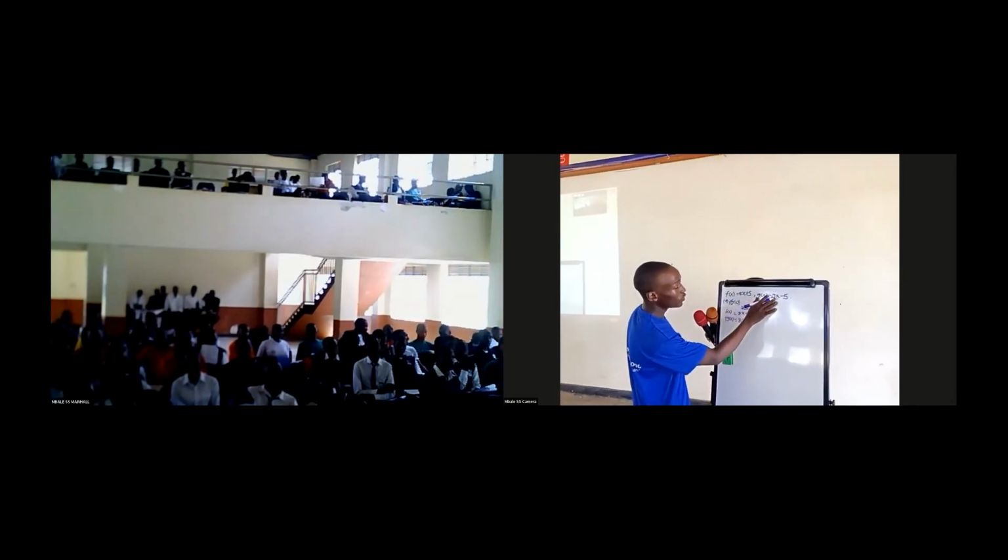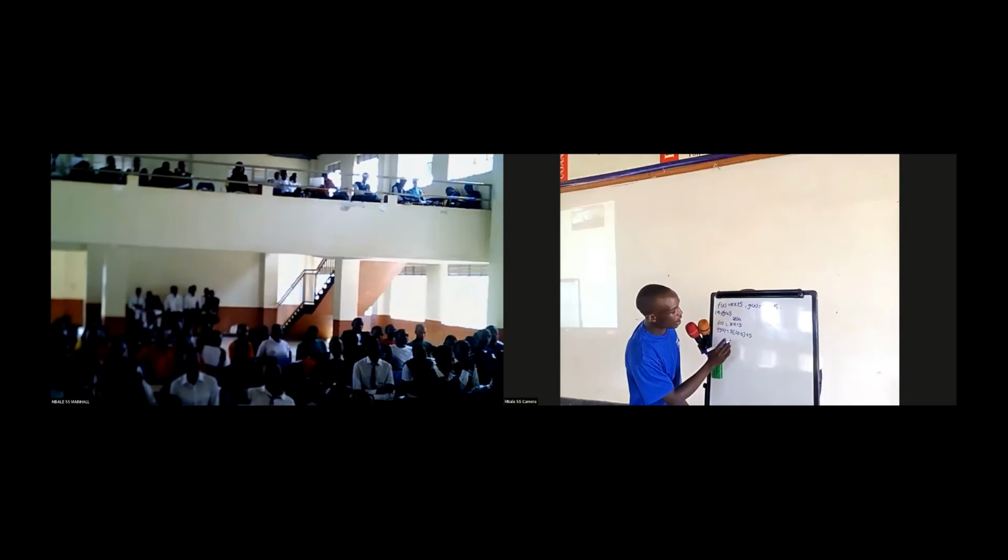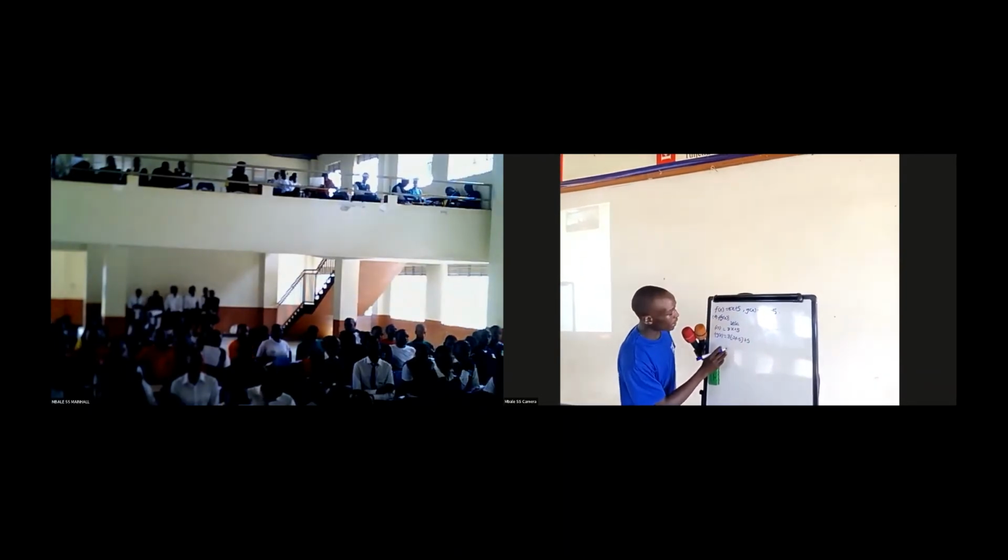I open the brackets. Where there is x in f of x, I'm going to replace it with the value of g of x, which is 3x minus 5, then plus 5. Now from here, I'm going to open the brackets.